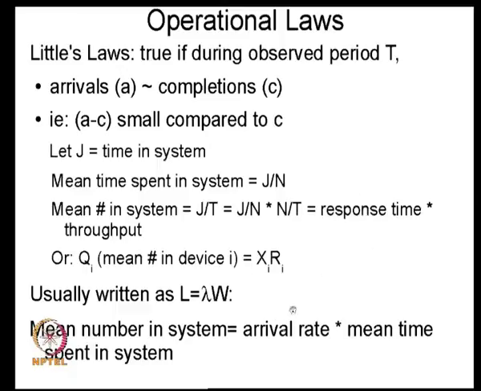If your arrival rate and the way the jobs are departing the system are highly unbalanced, then you will start seeing big queues developing. As long as you are not in that pathological situation, these two are essentially equivalent.